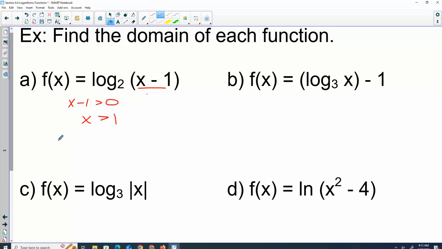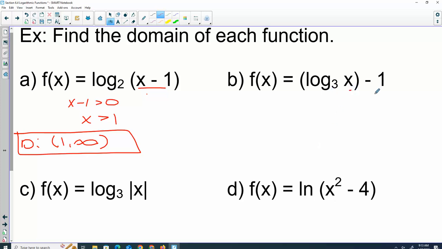How do we write that in interval notation? Yeah, it's bigger than 1, so 1 to infinity, because if the x is on the left side, like it normally would be, it's just whatever way that arrow is pointing.